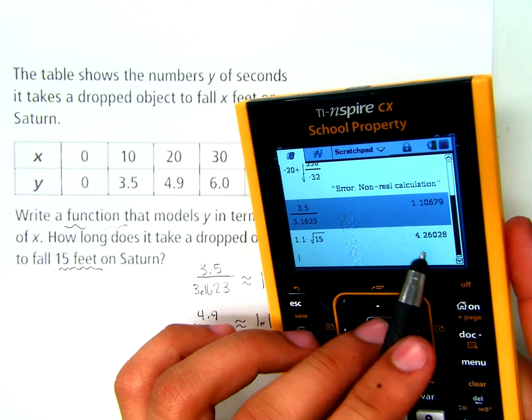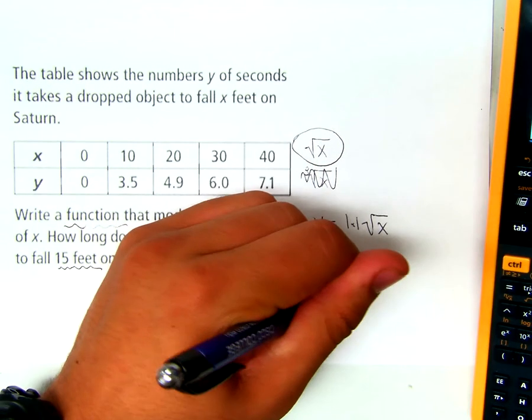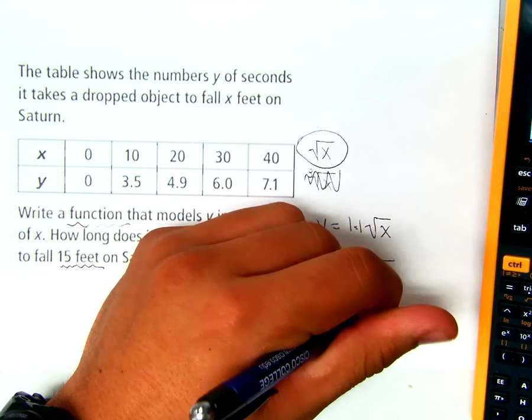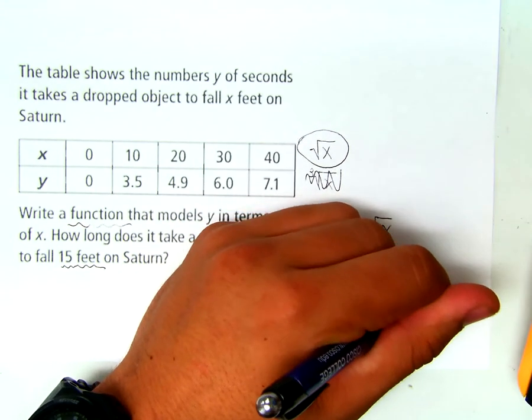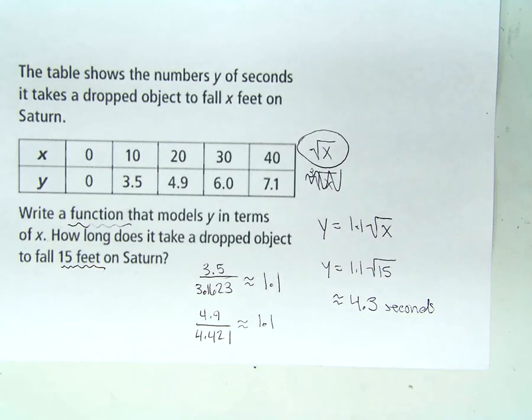Let's round that, so that'll be about 4.3 seconds. Since we're talking about time, they just want to estimate, and your book just rounds to the first decimal place. So just round it to 4.3 seconds, and that's your answer.